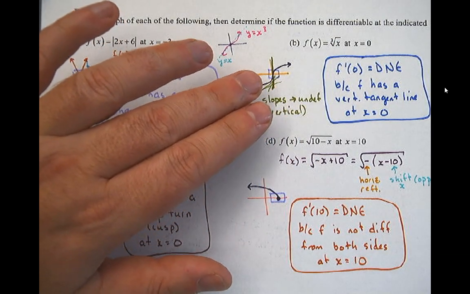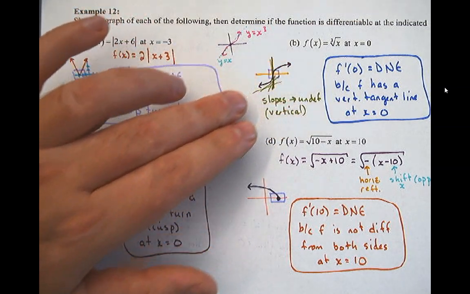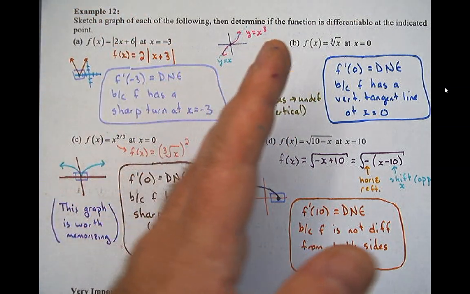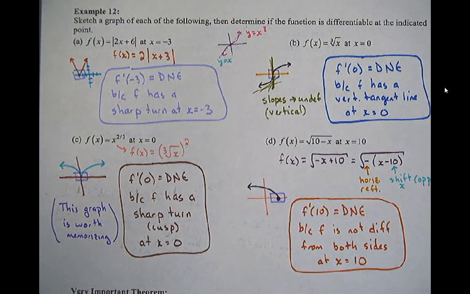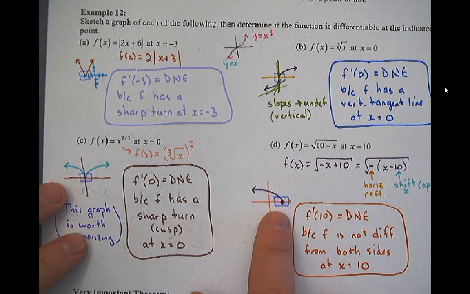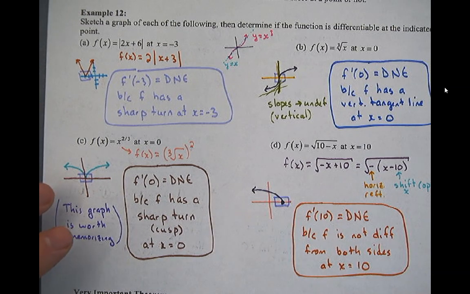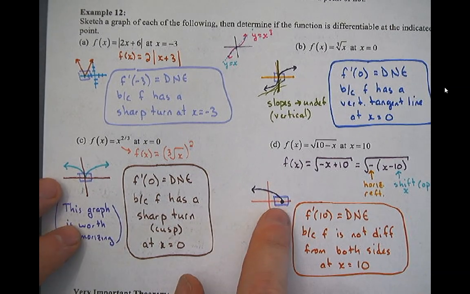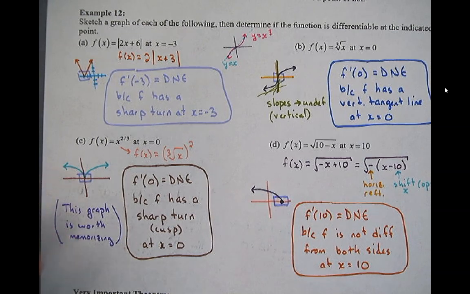We have a vertical tangent line. So my slopes end up becoming vertical, which means I don't have a derivative, because a vertical line has a slope that's undefined. And then the fourth scenario is when we have a graph that doesn't have a derivative from both sides.